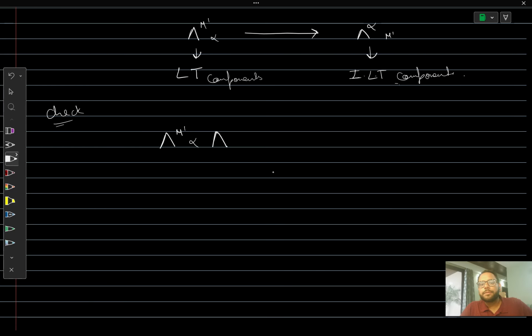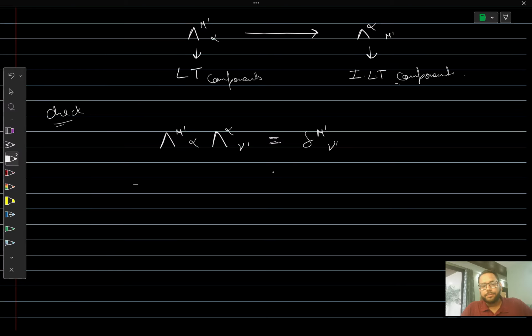You just swap it, and because they should be summed over, you should have only one repeated index. Since they are the inverse of each other, it should lead to this one.